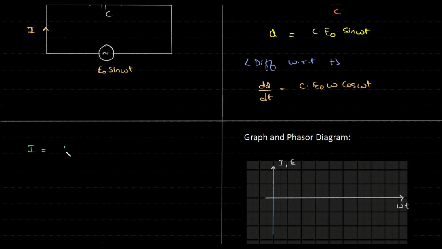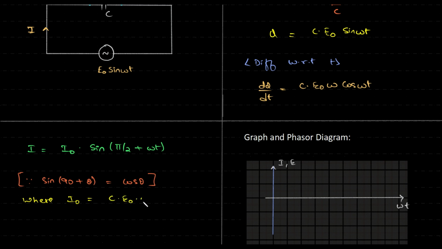So I, which I can equate to I naught sine of pi by 2 plus omega t. This is how we can rewrite. Reason being, sine 90 plus theta is cos of theta. And one more thing we are doing, we are calling I naught as C E naught omega.